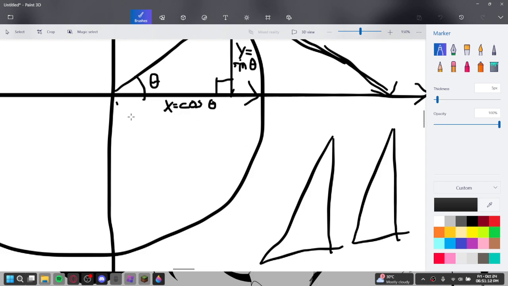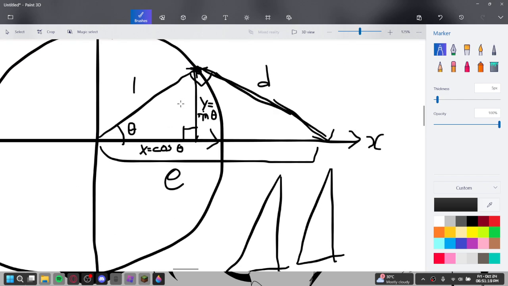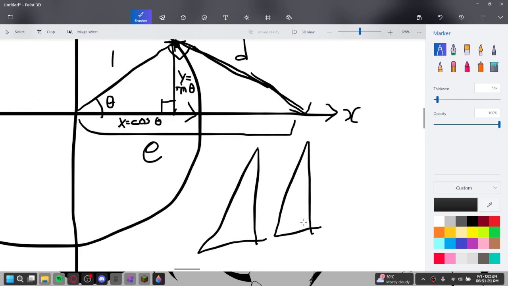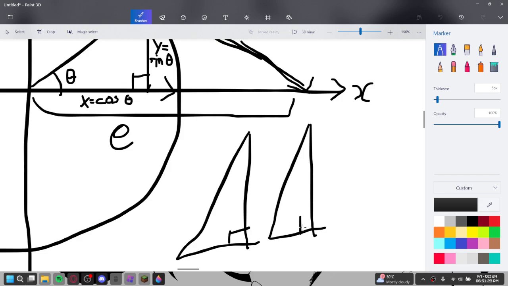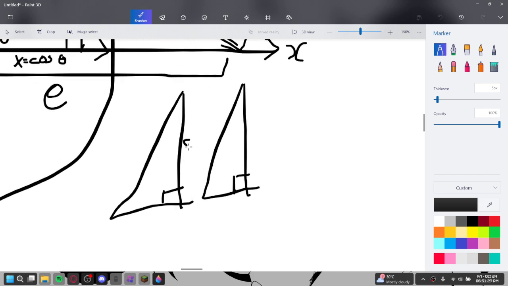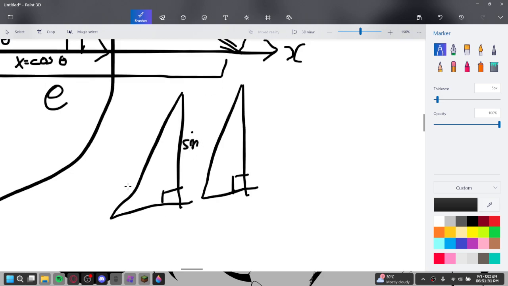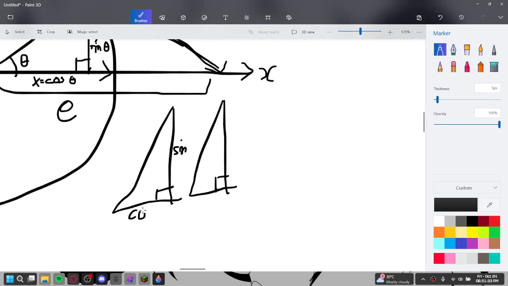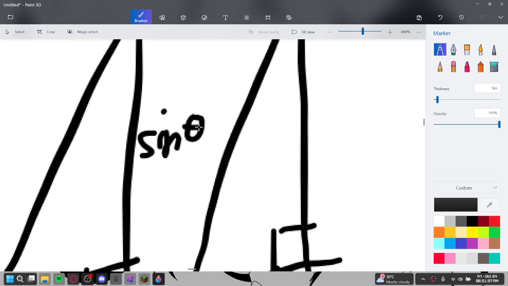Let's name this length here E, and this length here D. Now see this one's 1. So from this here, we already know that this is the sine of theta, and this is the cosine of theta. Just let me write this down.